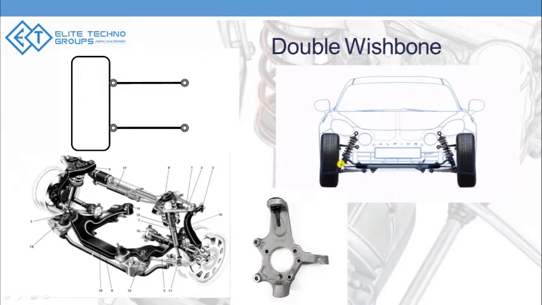Because the damper is attached directly to the lower arm, for a steering knuckle of a double wishbone, it's the lower part of the knuckle that is more rigid, because it has to withstand a lot more load, unlike the strut suspension where the top of the knuckle is where the damper is mounted. That is what makes it stiffer, and it has to be rigid to absorb all the load that the damper takes.